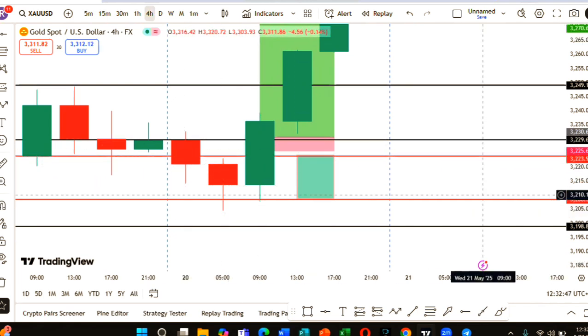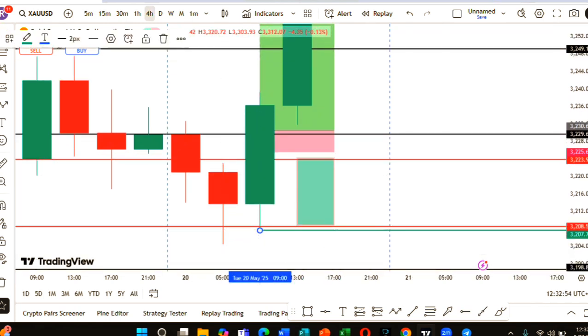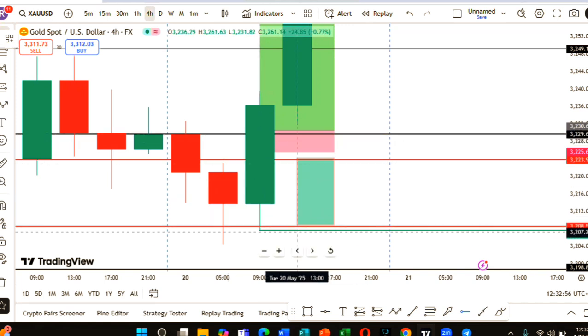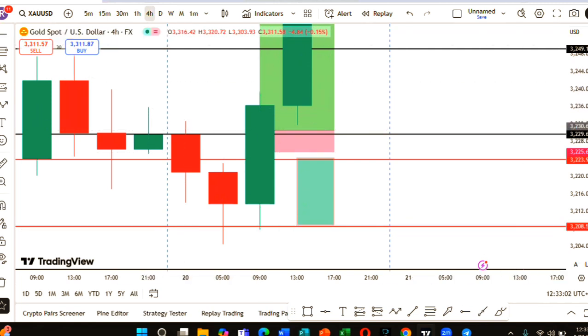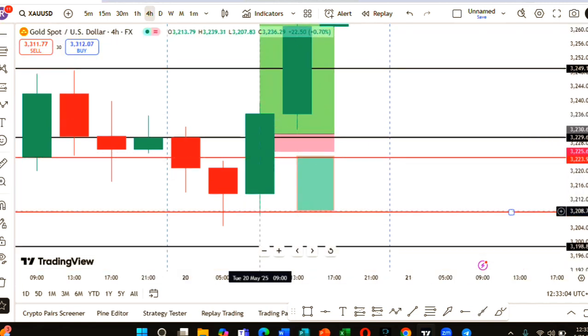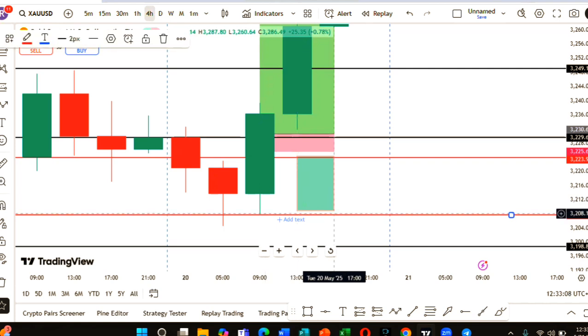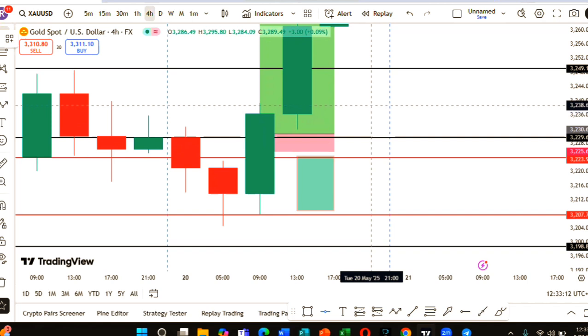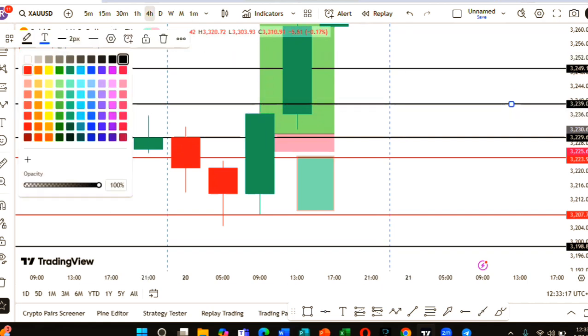In this case, I'm going to mark the previous day's close and the previous day's levels. We are in a 4-hour, so for the 4-hour candle I mark the 4-hour low and the 4-hour high with red.